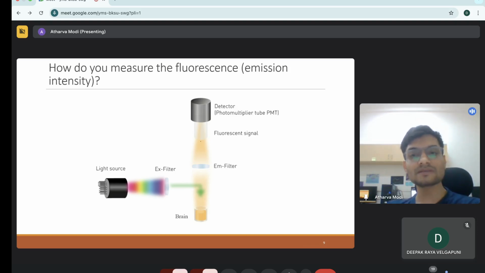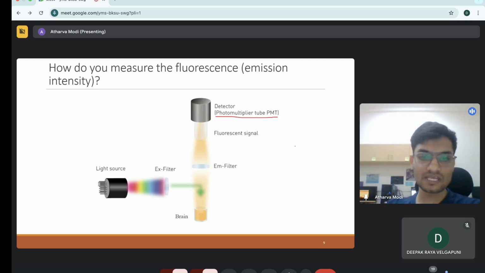Now you can measure this using multiple options available to detect. One of them which is very reliable is the photomultiplier tube. Another is a photodiode, or you can install a camera which detects the light intensity coming out of this particular fiber.